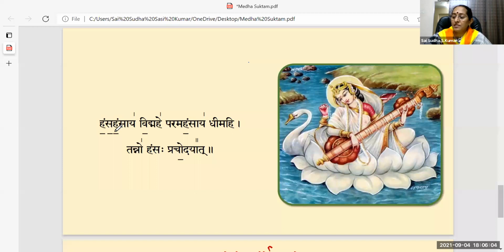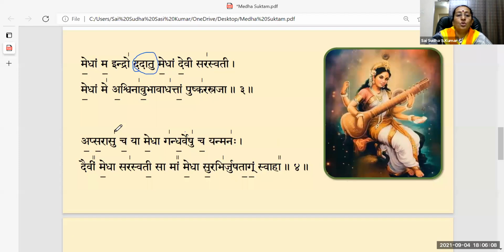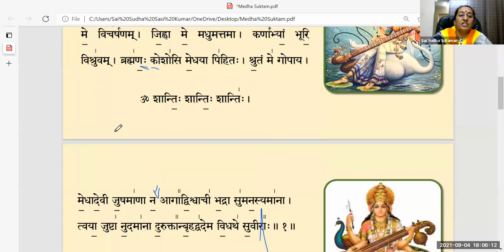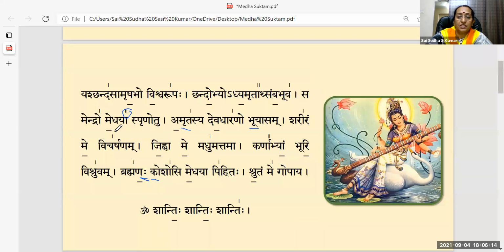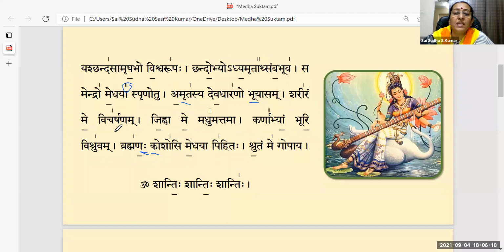Here let us remember that Medha refers to the higher or spiritual intelligence, because there is a difference between intelligence and spiritual intelligence, that is intellect.